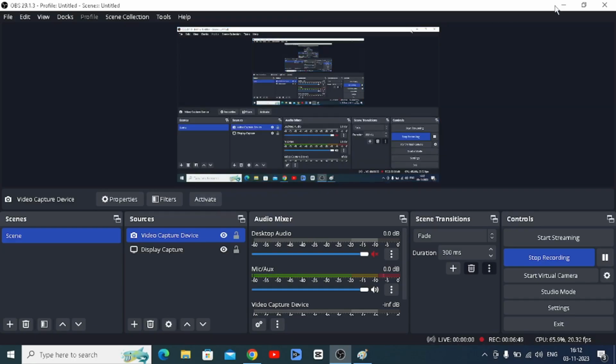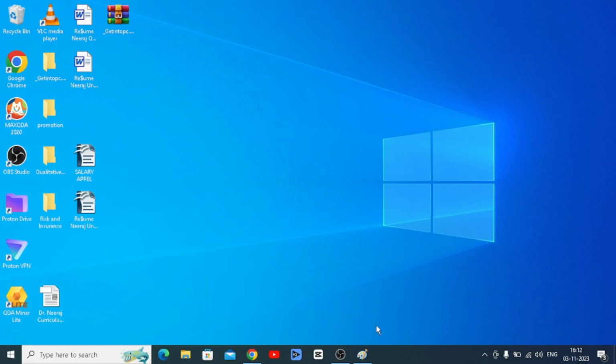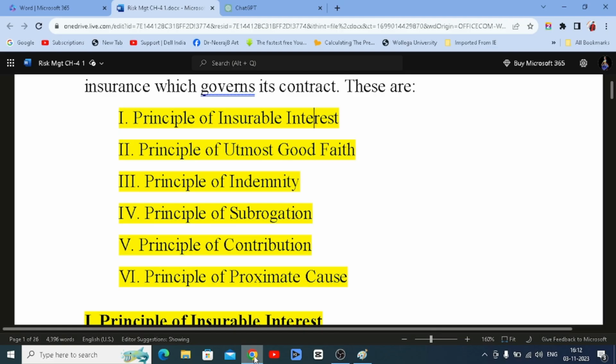The principle of subrogation also has its basis in the principle of indemnity. What is the principle of indemnity? That loss can be recovered by insurance and it cannot be a profit generating instrument. Now, what is the principle of subrogation?